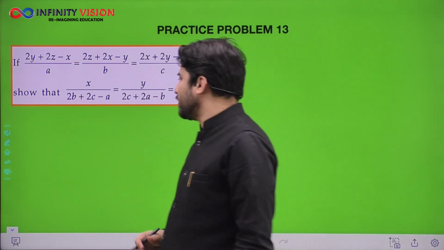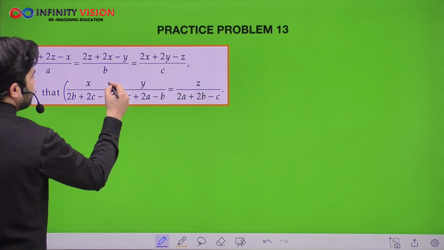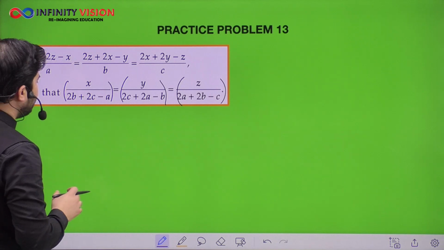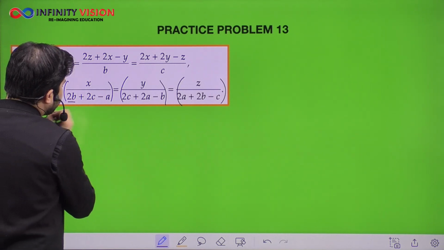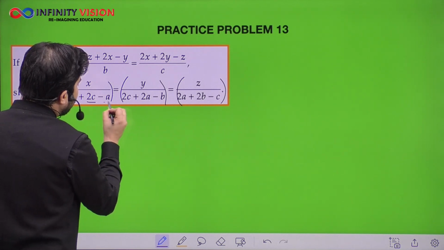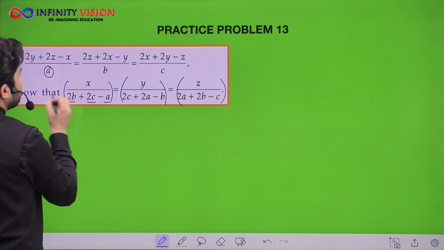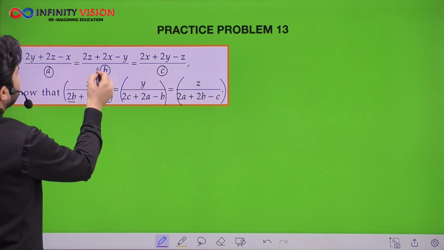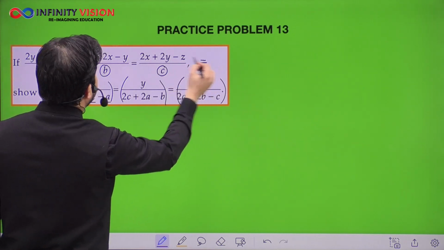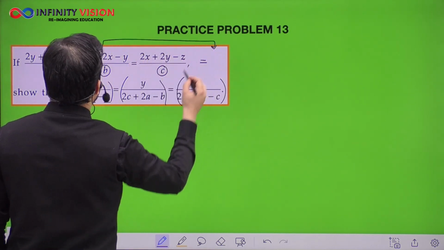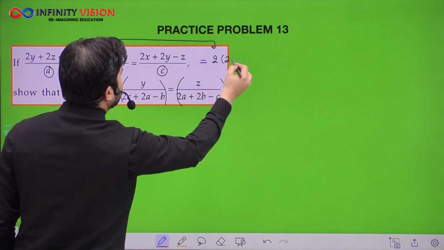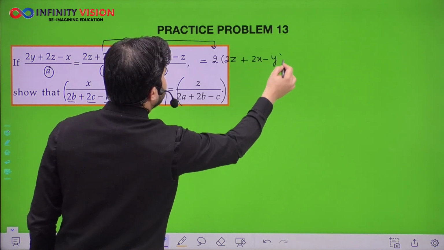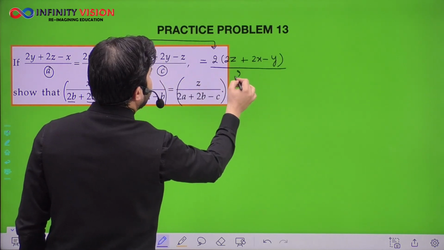Now whenever you encounter such equivalent ratios, you need to notice how it has been built. If you focus, the consequent is twice of b plus twice of c minus a. Now I see a here, I see b here, I see c here. So what will happen if I double this up? I can say this ratio would be equivalent to twice of (2z + 2x - y) upon twice of b.